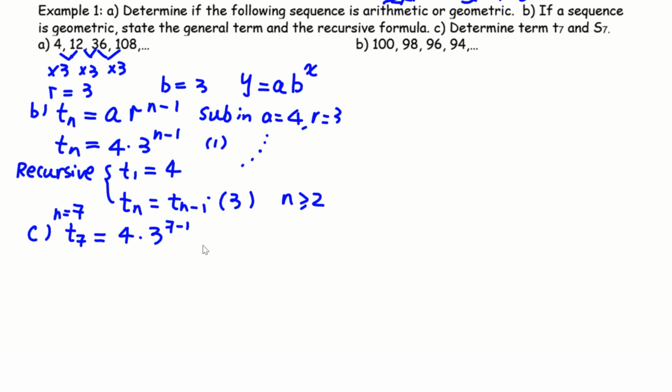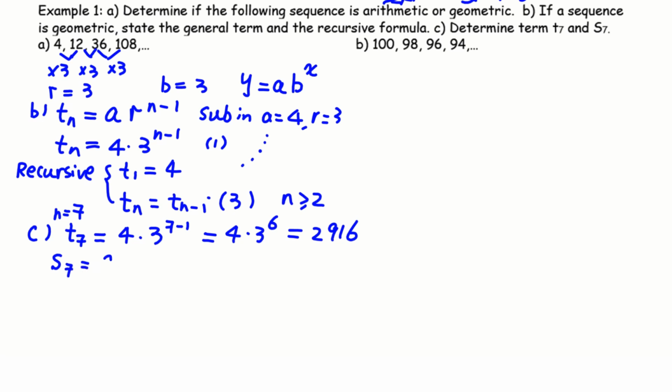It is 4 times 3 to the exponent 6. So do the exponent first by math, don't do the multiplication. So do the 3 to the exponent first. Then we are going to have 2,916.